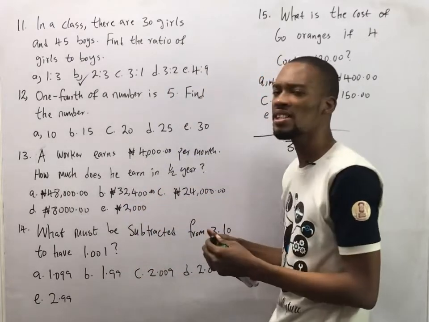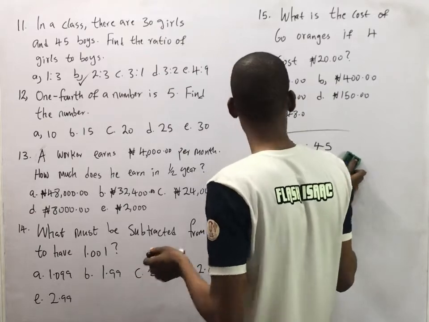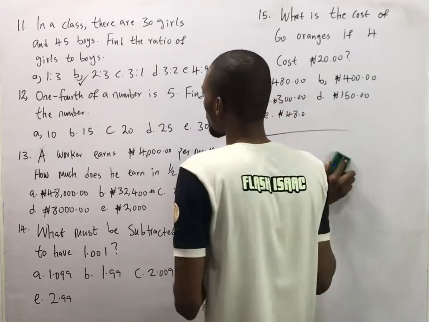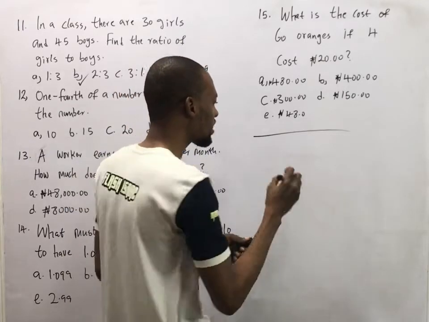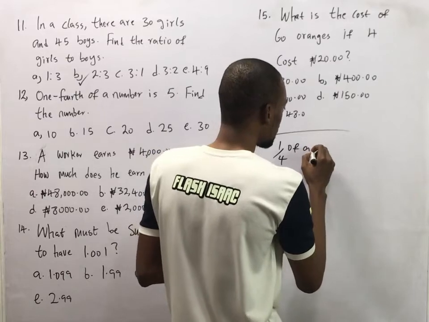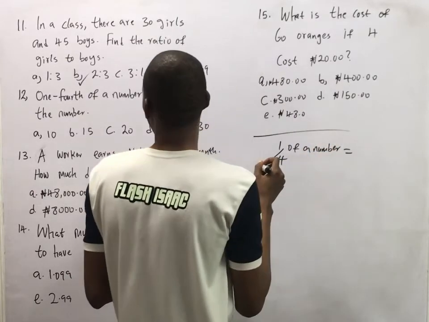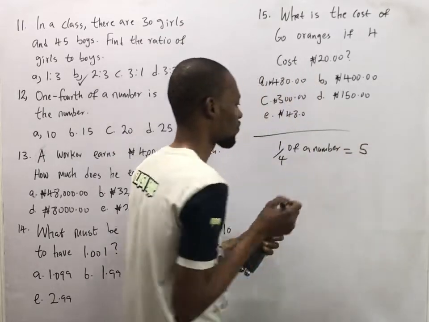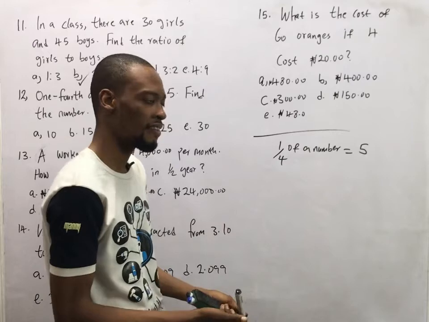The next question says 1/4 of a number is 5. Find the number. 1/4 of a number equals 5.